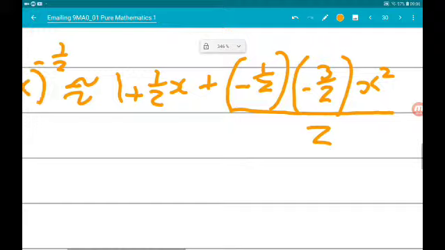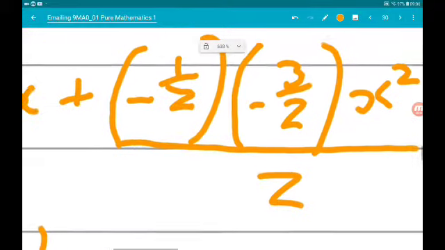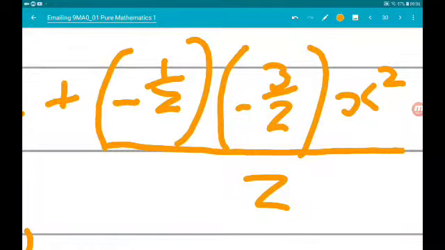So here we go. 1 add 1 half x, and now we got 1 half, minus a half times minus 3 halves is positive 3 quarters. So we got 3 quarters x squared divided by 2, so that's 3/8 x squared.